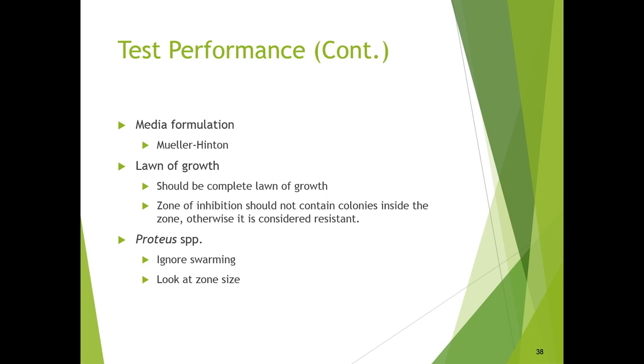Your lawn of growth should be completely surrounding or covering that Mueller-Hinton disc. So if you have large gaps in your lawn of growth, it's going to interfere. Your zones of inhibition are going to be disrupted. Your zone of inhibition shouldn't contain colonies inside that zone.